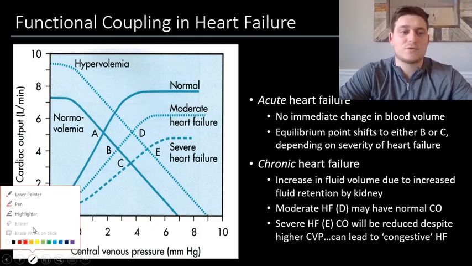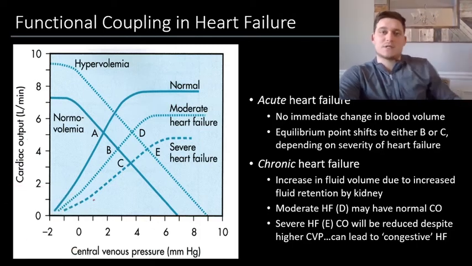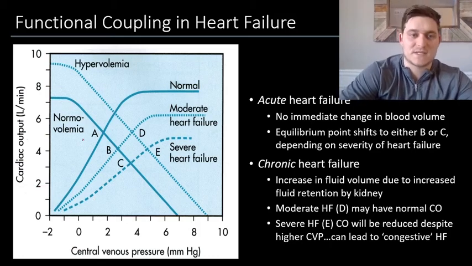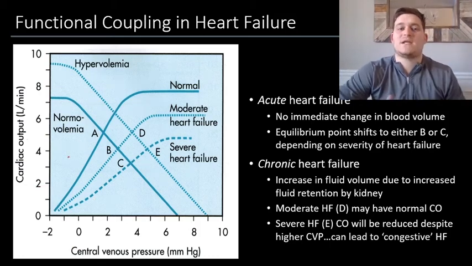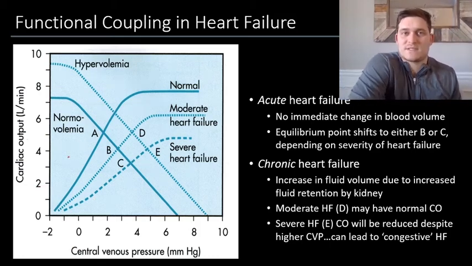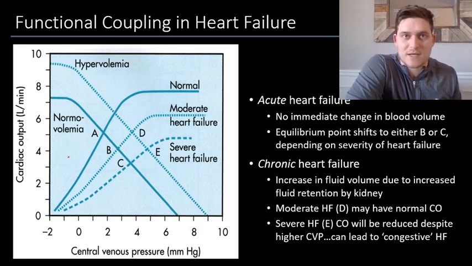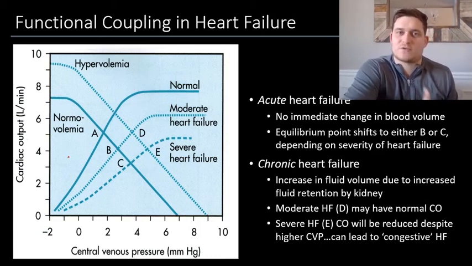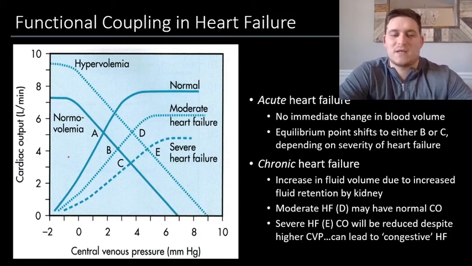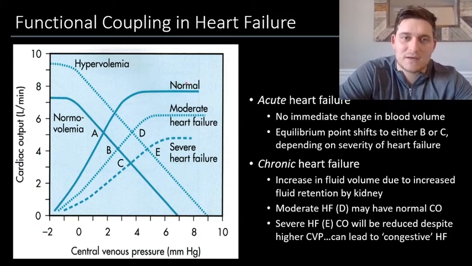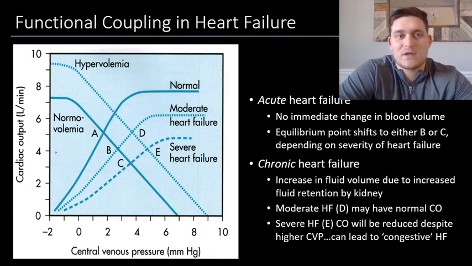Now, what's not shown on here is changes in total peripheral resistance. And when you have an increase in total peripheral resistance, that's due to vasoconstriction, right? So you have to think about how vasoconstriction ultimately will impact the vascular function and the cardiac function curve. Well, we look at the vascular function curve.